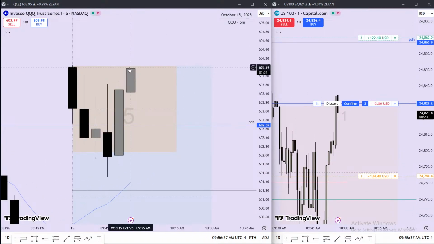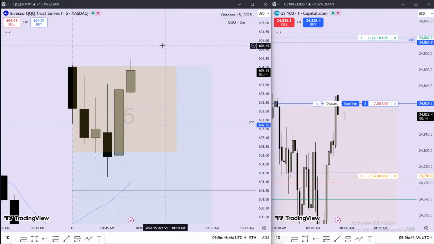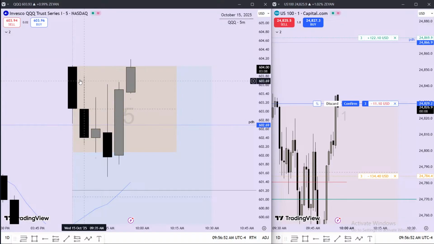Bulls are waiting for this to close above the initial range. If we get a close above the initial range, then it's a good confirmation for bulls. Otherwise, it's more of a trading range, since we've got first leg, second leg, or third leg.